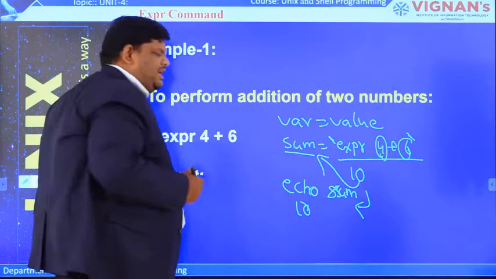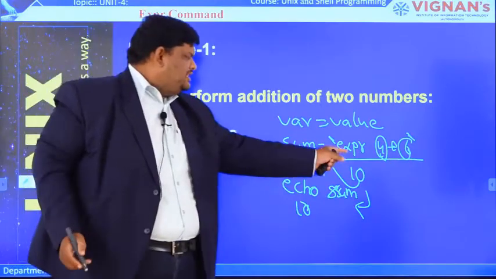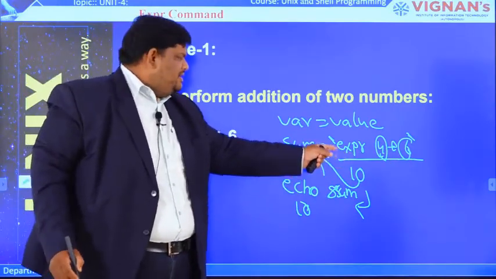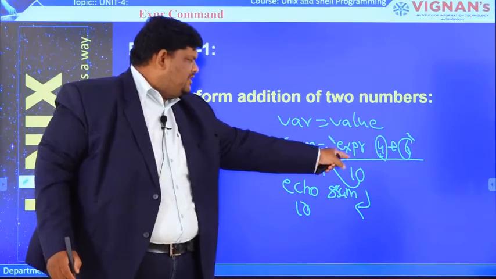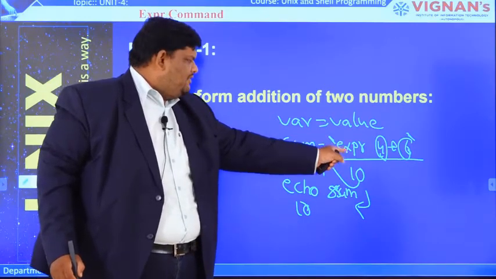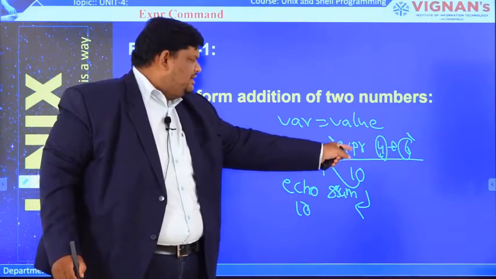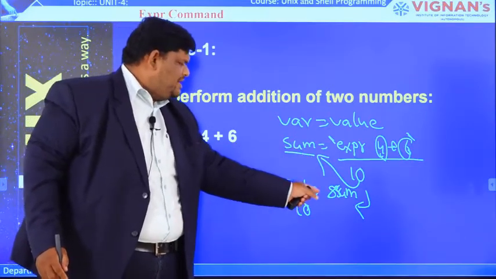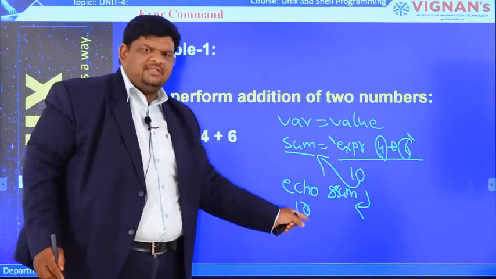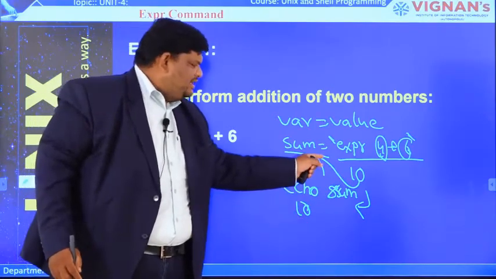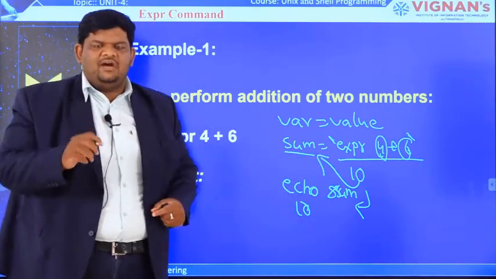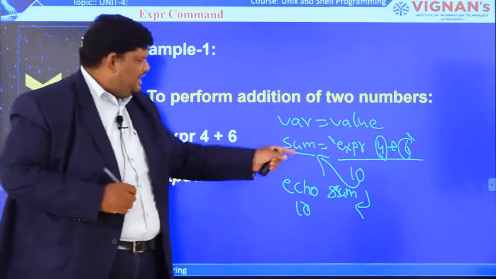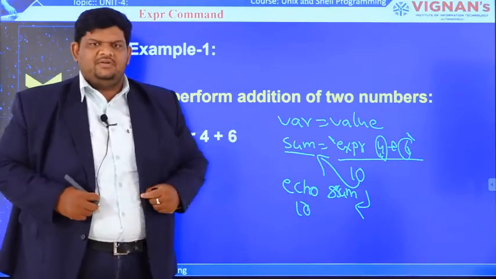That means we are telling the shell to treat this as a command. The shell will first execute what is within the back quotes, so it evaluates EXPR, and then the result is assigned to the variable. If you print that variable with echo $sum, the result is 10. This is useful in shell scripts if you want to hold the value, so we write in the form variable equals value.